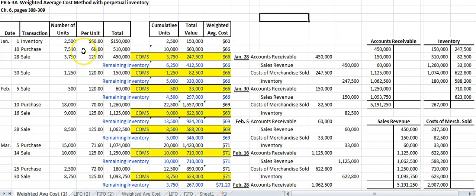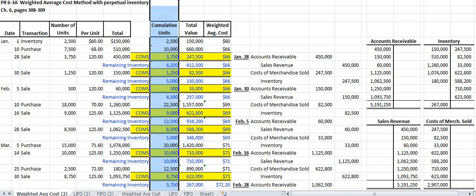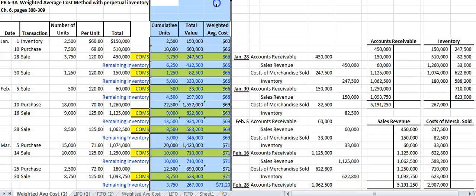So why do I do it slightly differently? Because with the weighted average cost method, you're really going to get your cost of merchandise sold from one line item, but that line item is going to be a weighted average cost of the previous layers of inventory. So I created 3 columns to the right-hand side of my information.